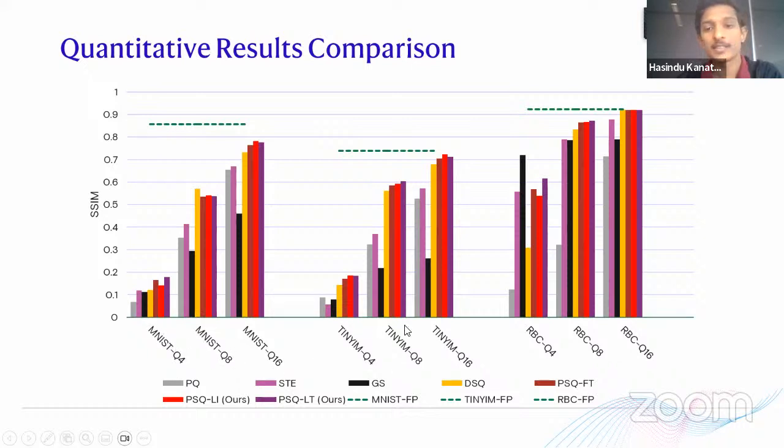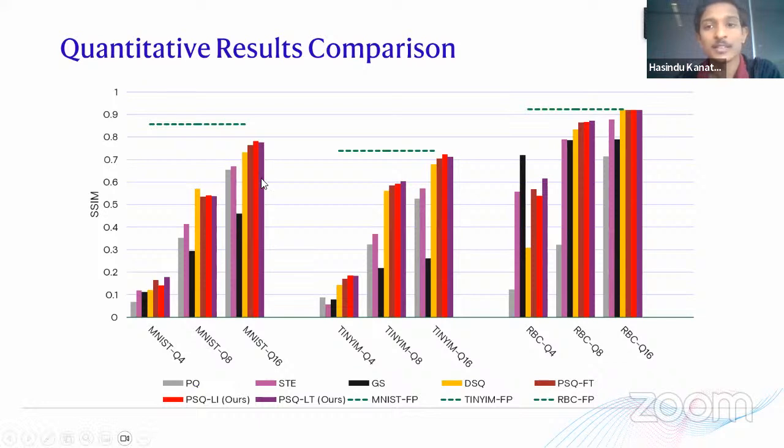In each case, the last 3 columns represent the results of our method, the gray one is for the post quantization, and these 3 bars show the results of the other 3 quantization aware training methods.